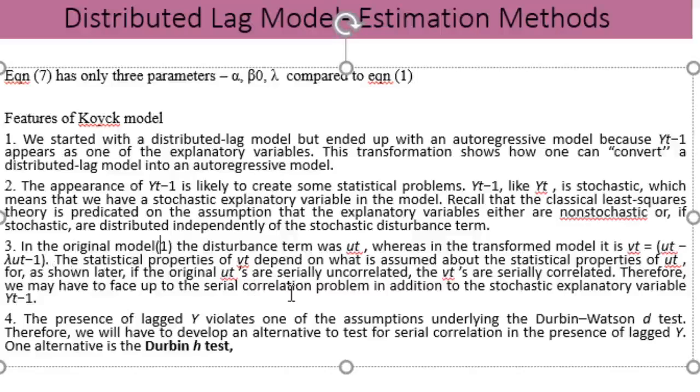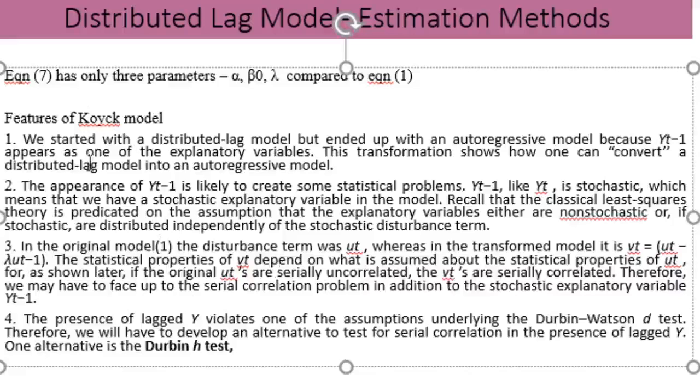The statistical properties of vt depend upon what is assumed about the statistical properties of ut, as shown later. If the original uts are serially uncorrelated, the vts are serially correlated, and therefore we may have to face the serial correlation problem in addition to the stochastic explanatory variable yt minus 1.